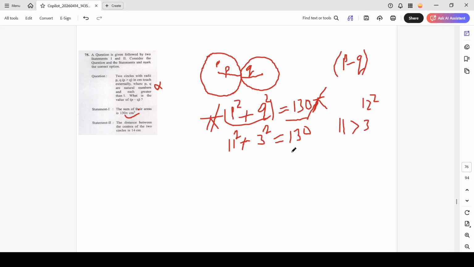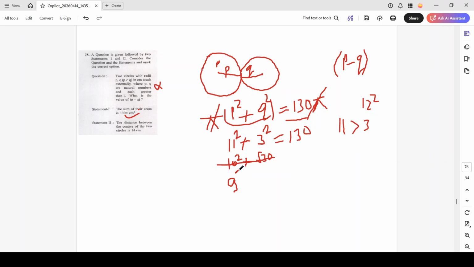Okay. Now if we take 10, then 10 times 10 is 100, 10 ka square, and we will get root 30. Root 30, because 30 is not a perfect square, and as we know that both of these are natural numbers, this case will be eliminated. Now we take 9.